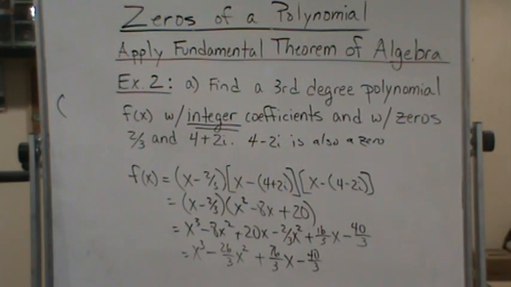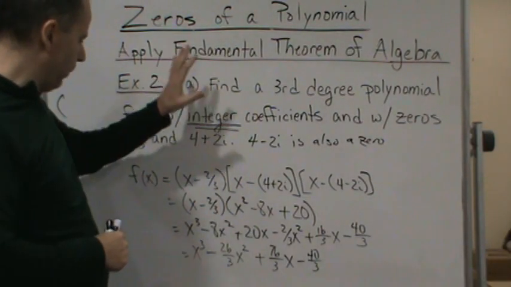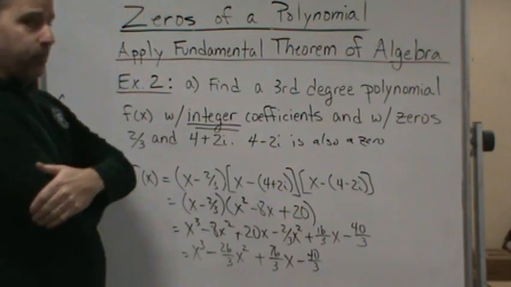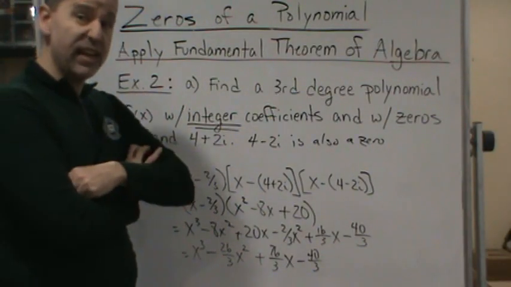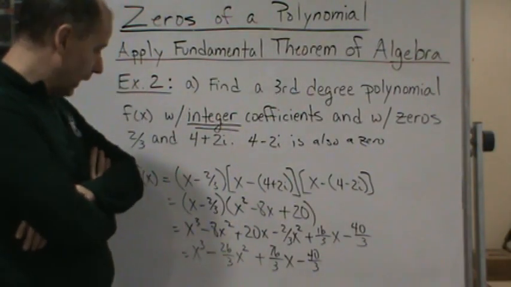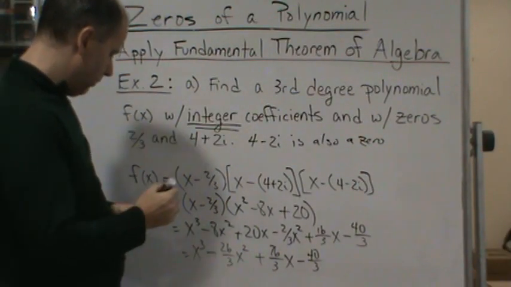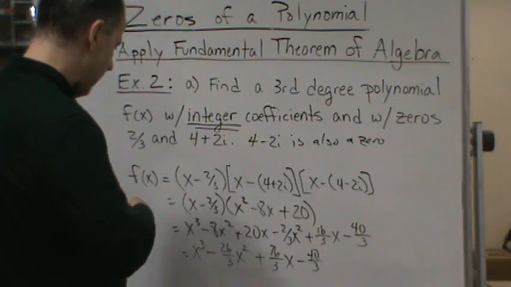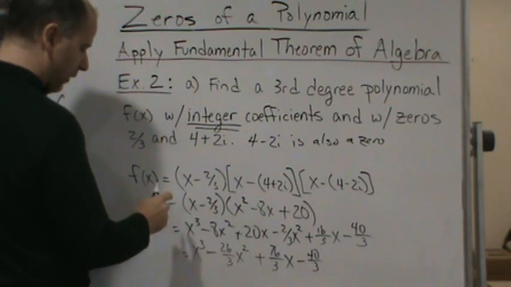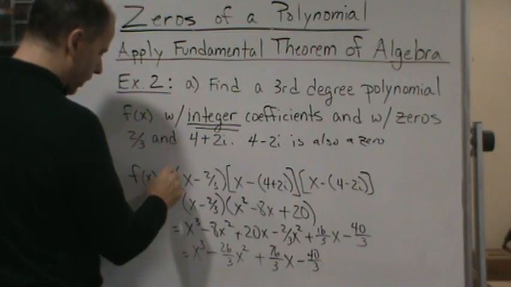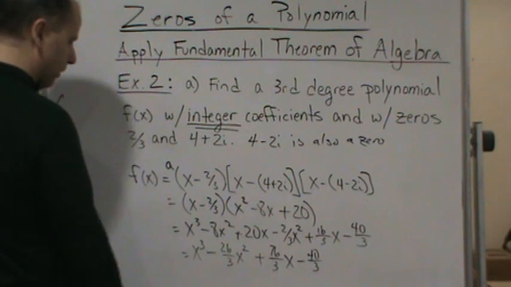Remember from a previous video, when we're constructing polynomials based on this information, these polynomials are not unique. There's an a value that you should always assume is there.